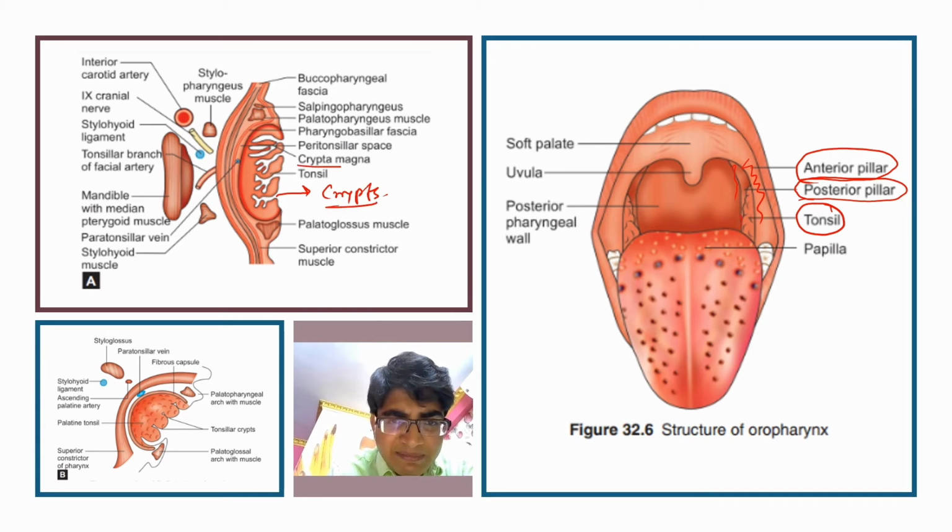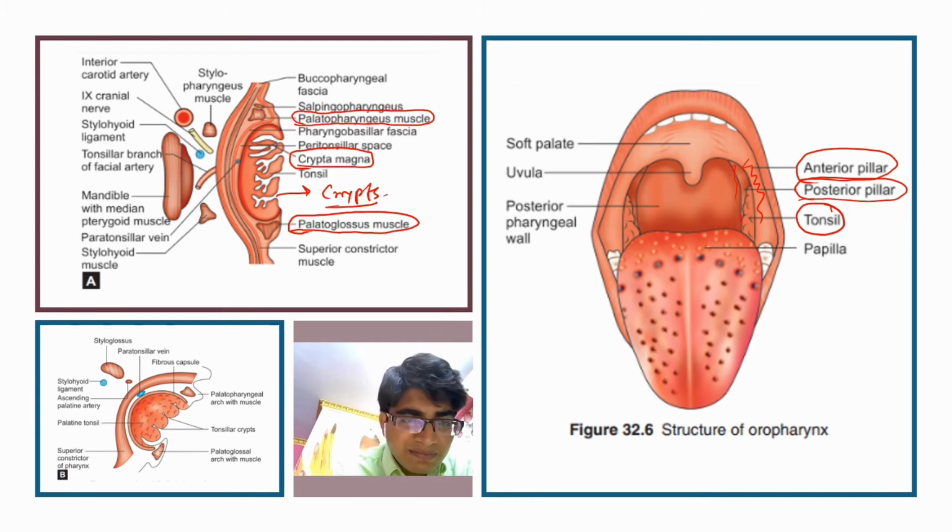There is the crypta magna at the upper pole, and you know already that this is the anterior pillar made by the palatoglossus muscle, and this is the posterior pillar made by the palatopharyngeus muscle. In this image they have also demonstrated the tonsillar bed, but I will describe this part in the next slide.